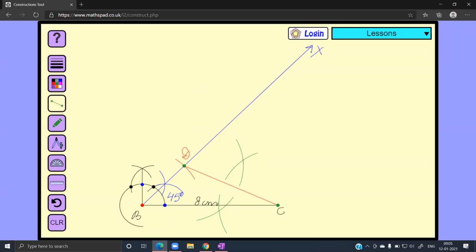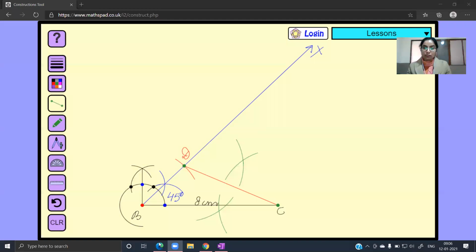When you draw the perpendicular bisector of DC, you are concerned with the point of intersection of that perpendicular bisector with the arm of the angle. So I want you to extend that perpendicular bisector so that it intersects the arm of the angle that you've already constructed.